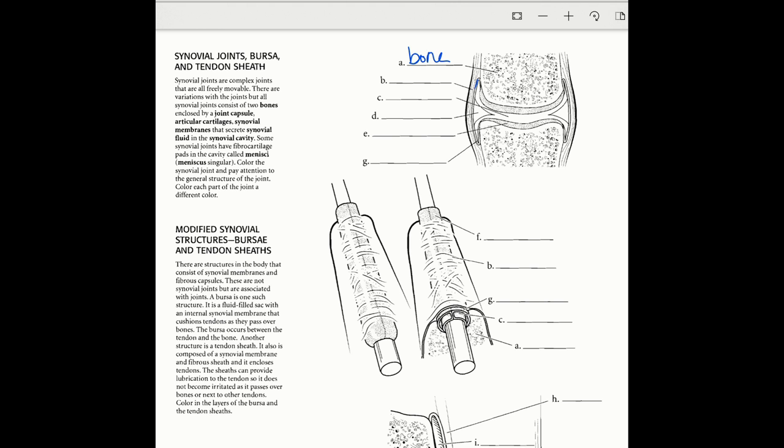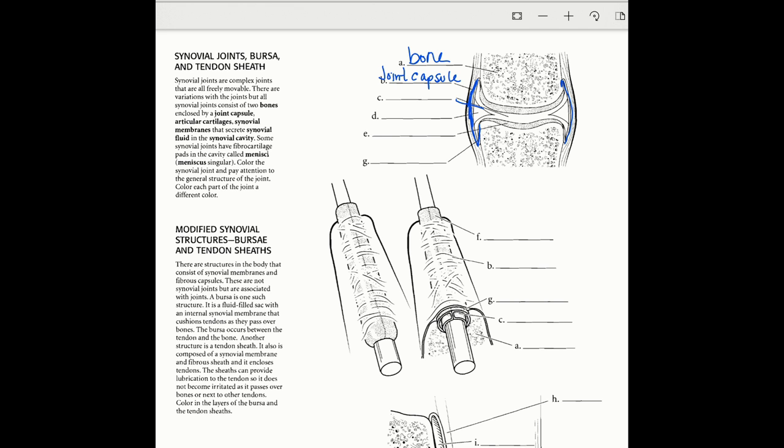Surrounding the joint, we have our joint capsule. I think of it as this section that's going to encapsulate the joint. It's enclosing the entire thing.